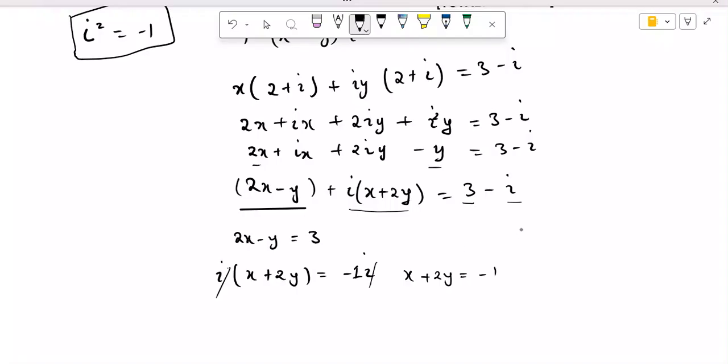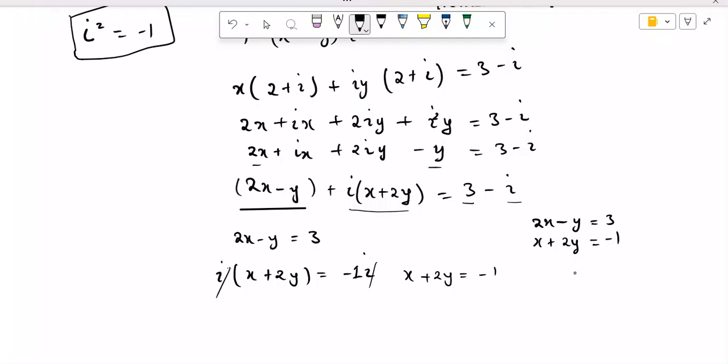So you have two equations now. The top one, 2x minus y equals 3. Then you also have x plus 2y equals -1. So you have a simultaneous equation which is very easy to solve. You can solve this with any method.